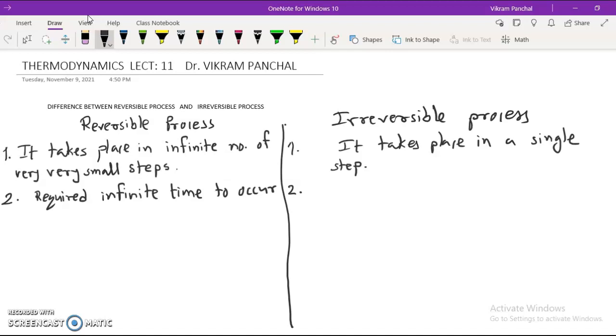That is why it requires infinite time. Well, irreversible process requires finite time. In a fixed time, the reaction is possible.